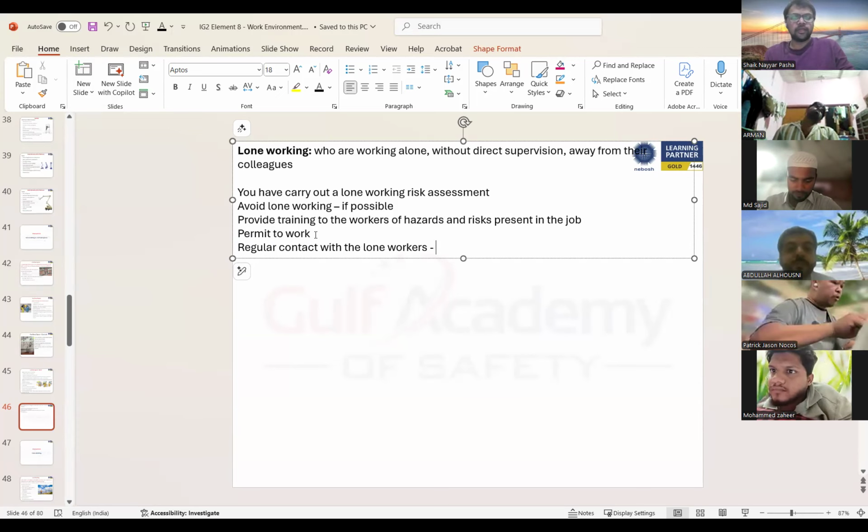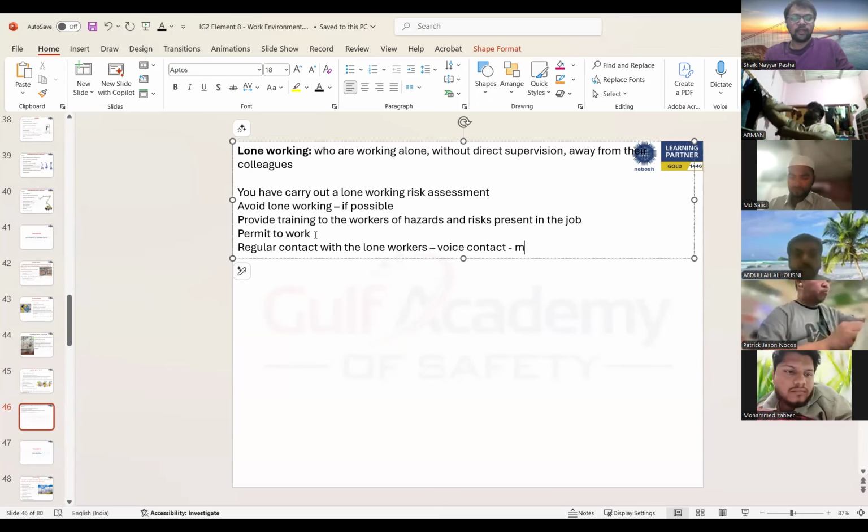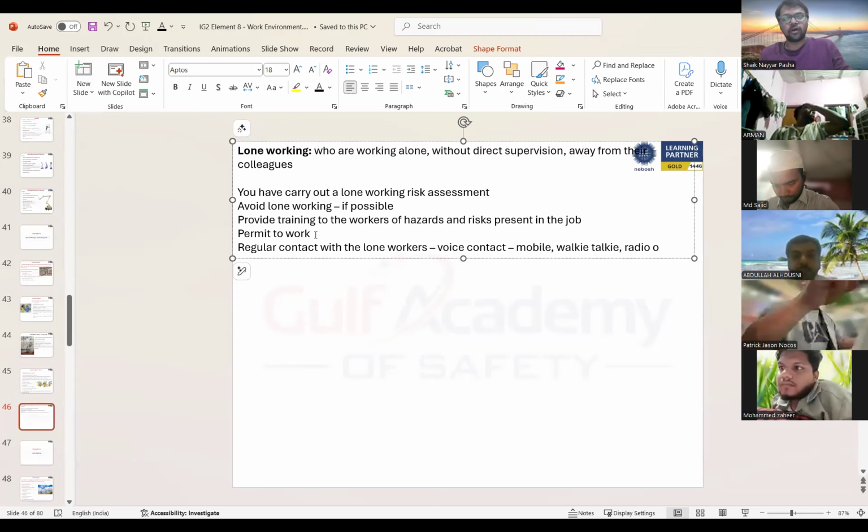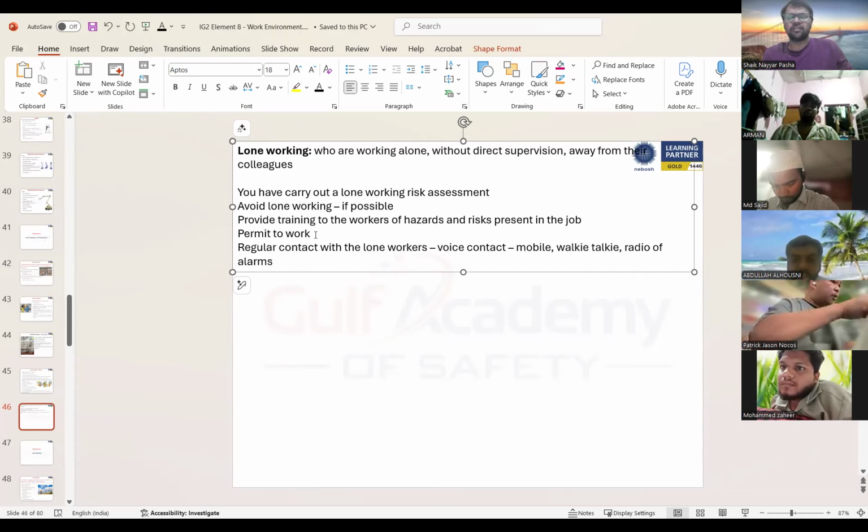Contact should mainly be voice contact, by providing mobiles or walkie-talkies, or a two-way radio system should be installed, or alarms so that in case of an emergency you can immediately raise an alarm.